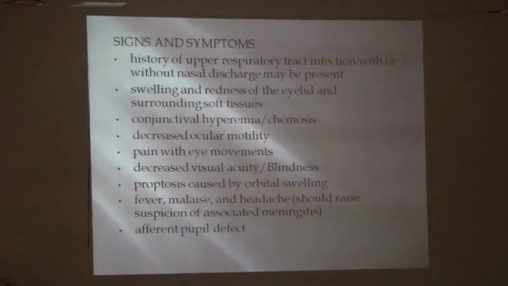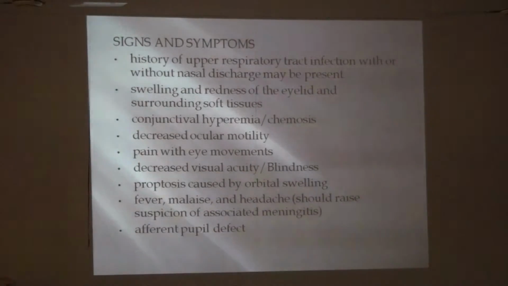So, the signs and symptoms include a history of upper respiratory tract infection, with or without nasal discharge. Sometimes there will be occult sinusitis, which may not be the primary complaint of the patient. The patient comes only with an eye complaint, and subsequently it is found that he has some sinus problem.